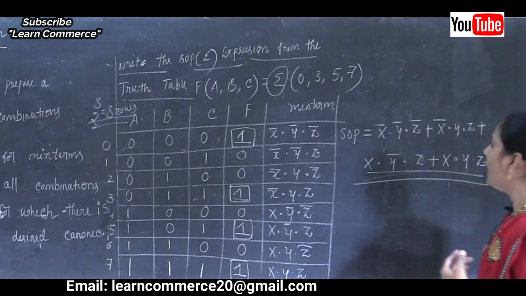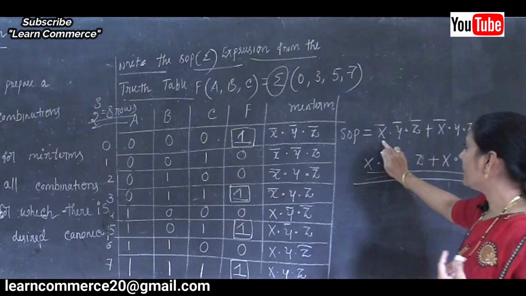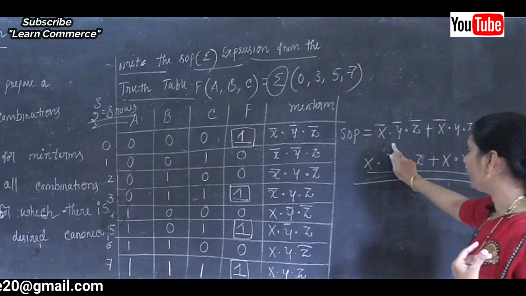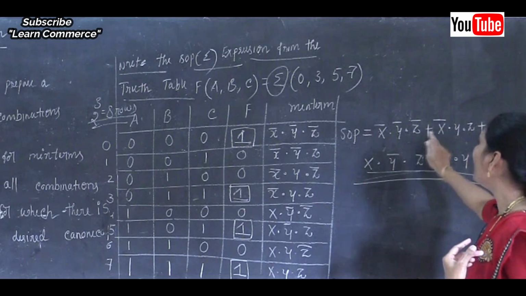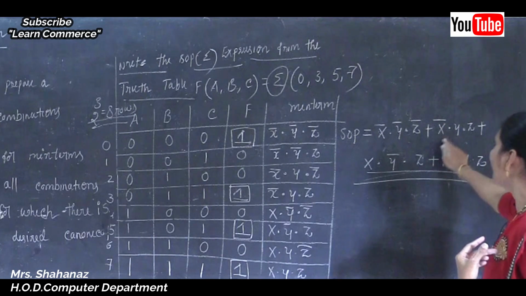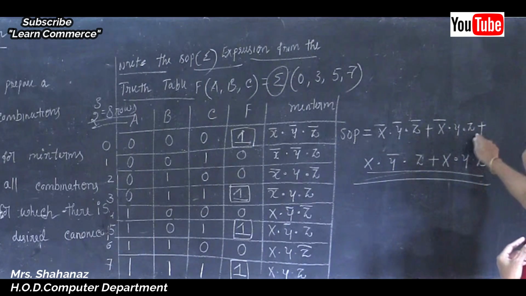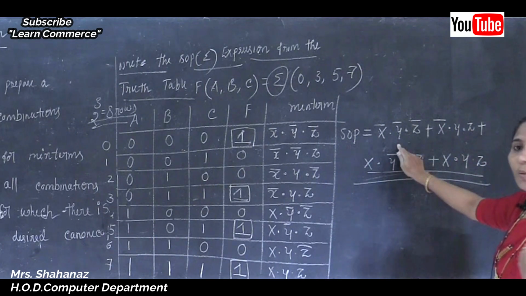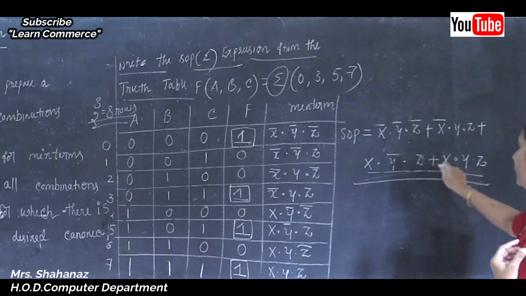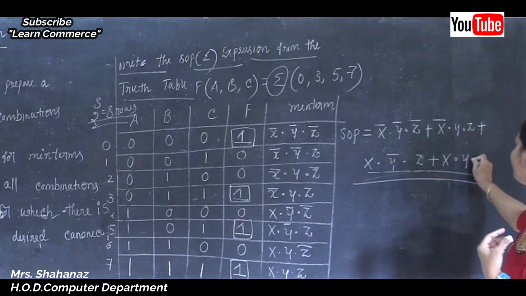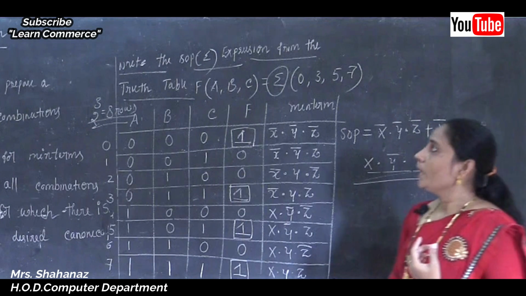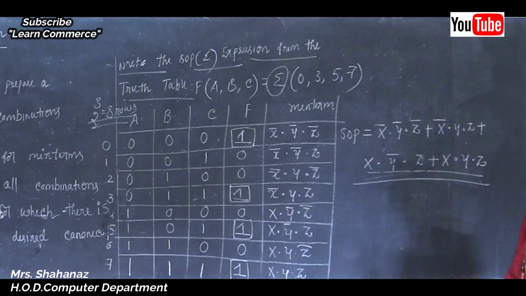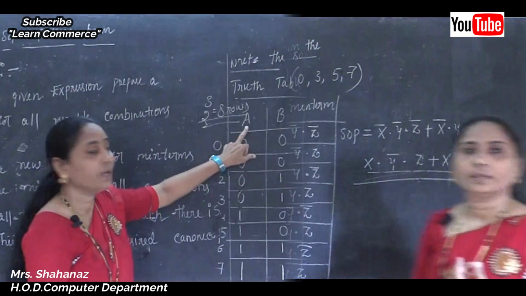So this is the answer: the SOP form for ABC.